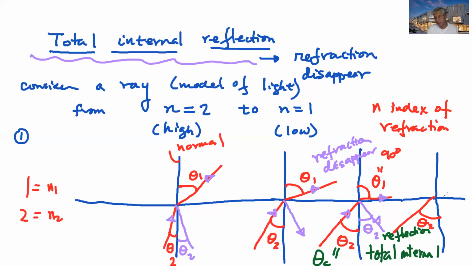It cannot be larger than 90 degrees. So the only thing you have is reflection, and this is theta 2 also, so it will come this way. This one doesn't even skim the surface anymore, so the only thing you have is reflection now.